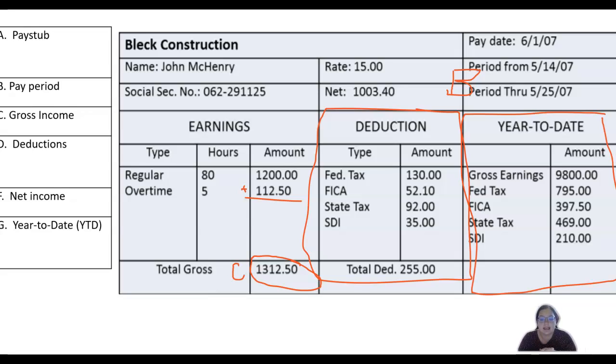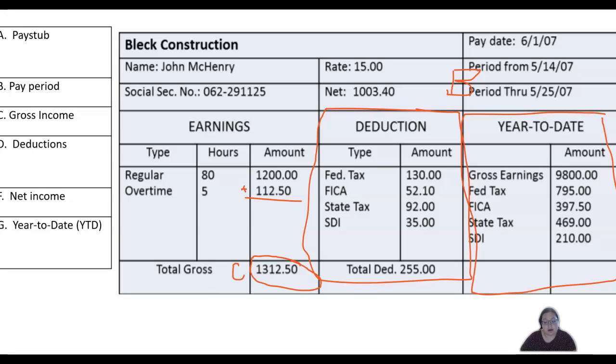So on this, I can see that John's total deductions was $255. He paid $130 in federal tax, $52 for FICA, which is Social Security and Medicare, $92 to the state, and then this SDI is state disability insurance, which he paid an additional $35 for. So that's not something that we would see in our state.